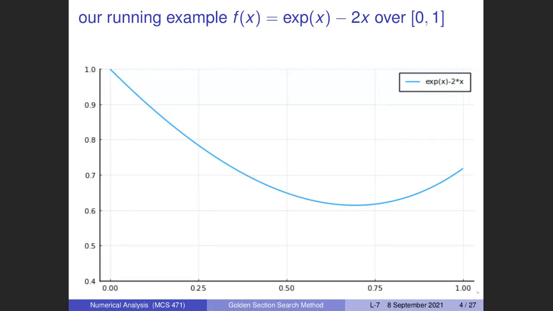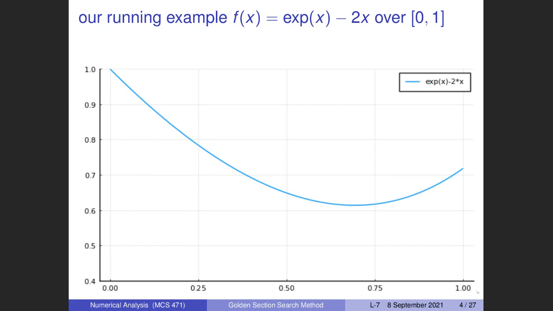We have a running example. Here is a unimodal function over the interval 0, 1. So unimodal means that there is one unique minimum inside 0 and 1. And if you look at the function, take the derivative, you have the exponential minus 2.